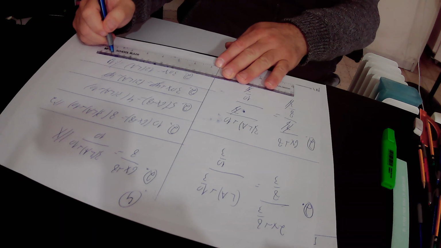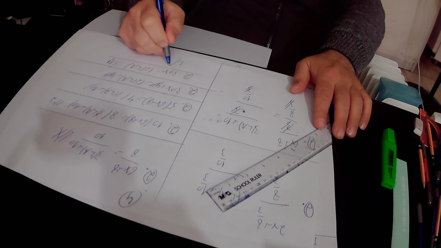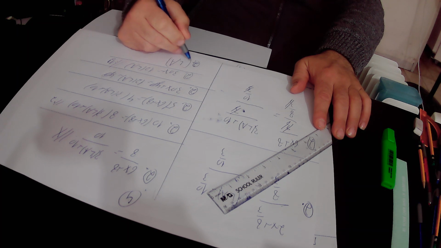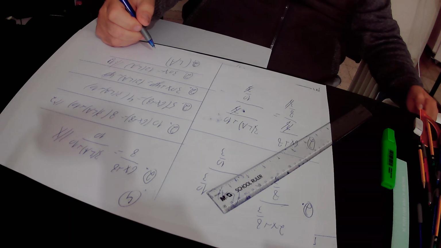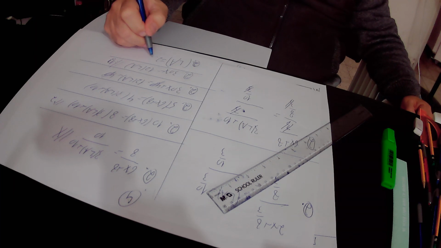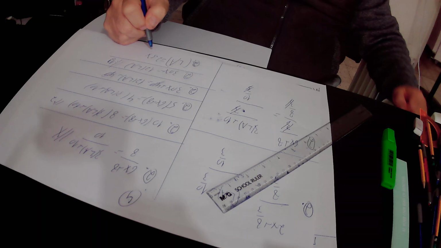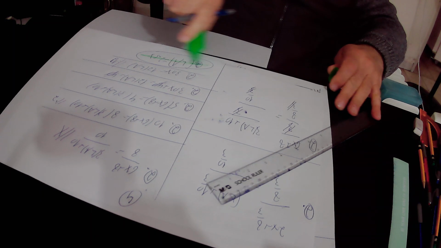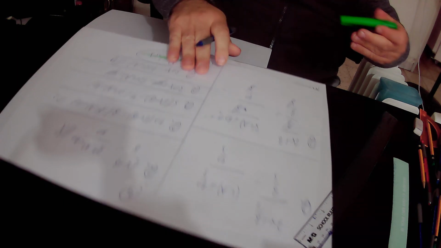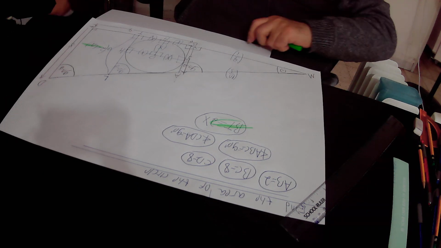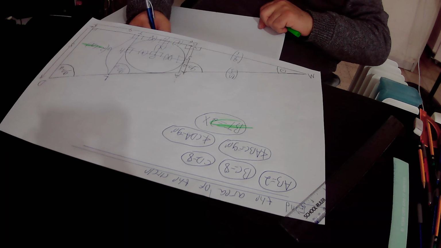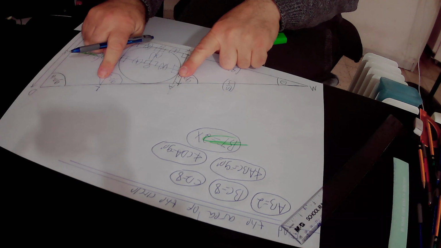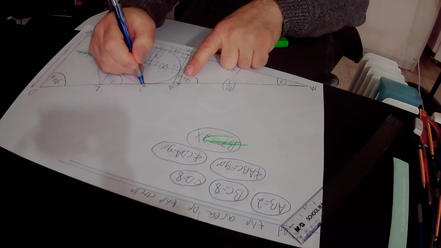And finally, we'll get that LA equals 30x over 12, which is 2.5x. So actually we found out that this line segment LA, or side LA, equals 2.5x.